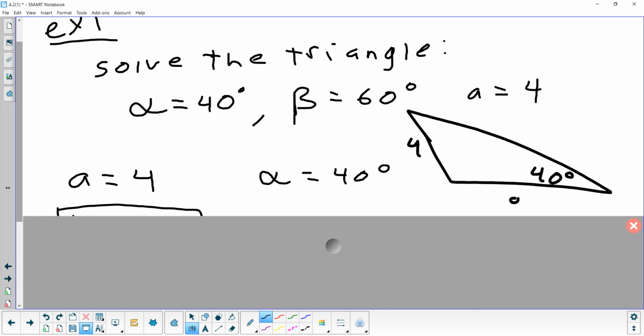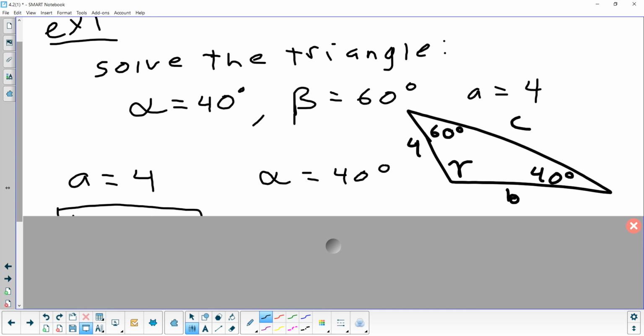And I can fill beta in because I know that's 60. And I can put C across from gamma, but I can't fill in the C and I can't fill in the gamma because I'm missing both. Okay, so there's our triangle.